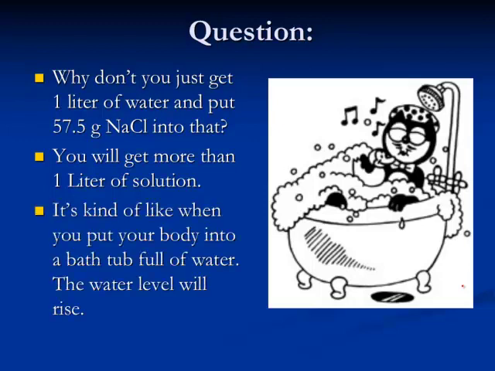Hopefully it doesn't spill, but if it doesn't spill, your volume will be over a liter. We wanted to use exactly 1 liter, and unfortunately, if you put the water to the 1 liter mark and then you add mass to it, the volume is going to go up.